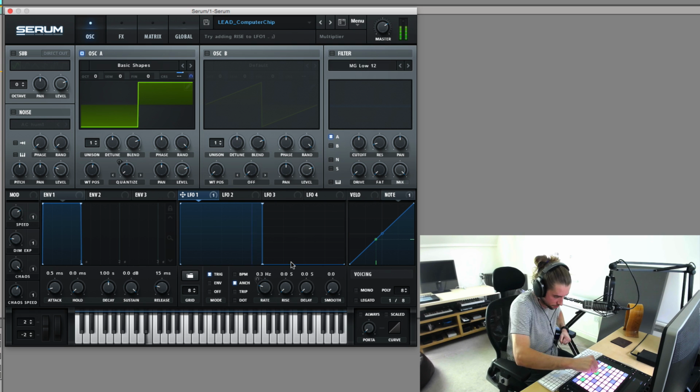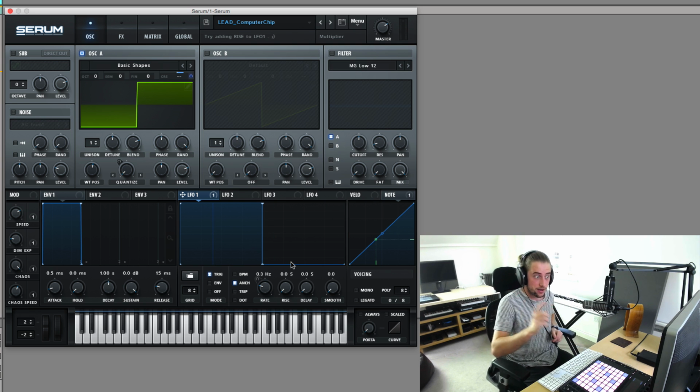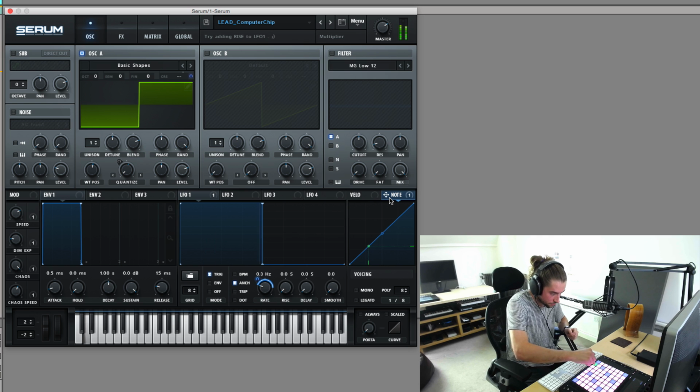Mega noise! But we need to do more if we want to make it sound like a proper old school computer. And that is modulate the rate of this LFO1. Click with the note modulation source, the key tracking, key following. Notice it's faster if I go higher on the keyboard. Slow.